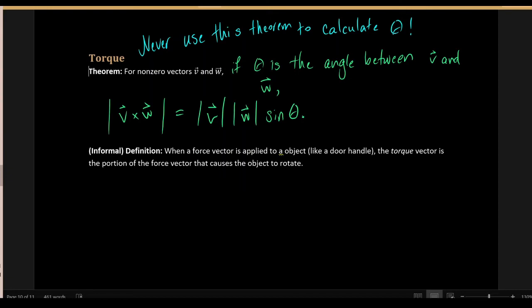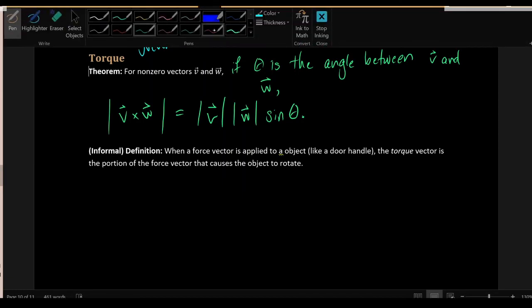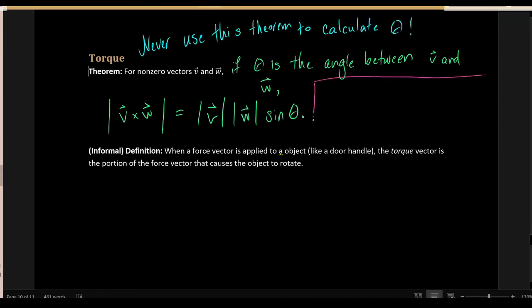This formula is going to give us an explanation for a couple of different things. First of all, this formula is the reason why we have this property of the cross product, that if v and w are parallel, then they either point in the same direction, in which case theta is equal to 0, or they point in opposite directions, in which case theta is equal to 180 degrees.